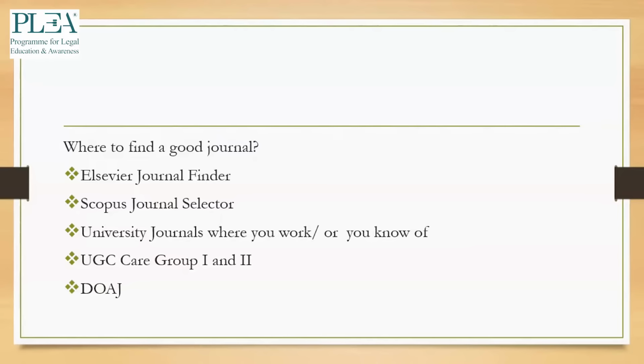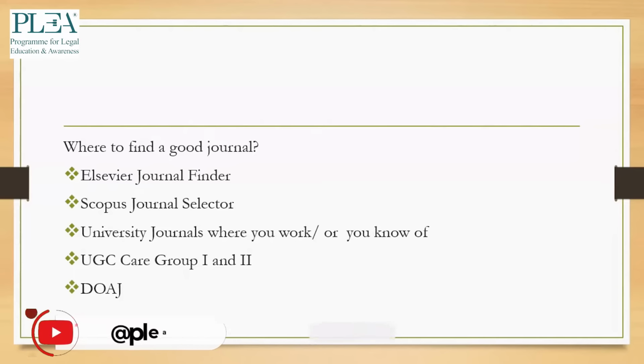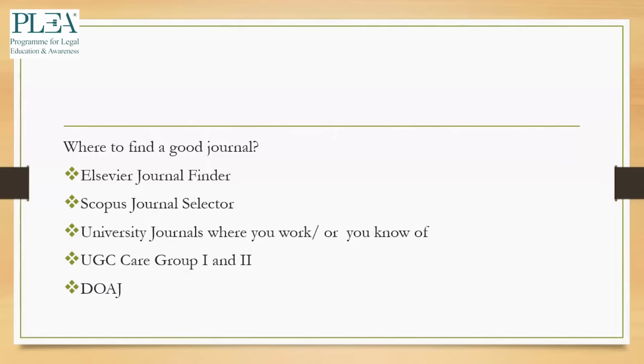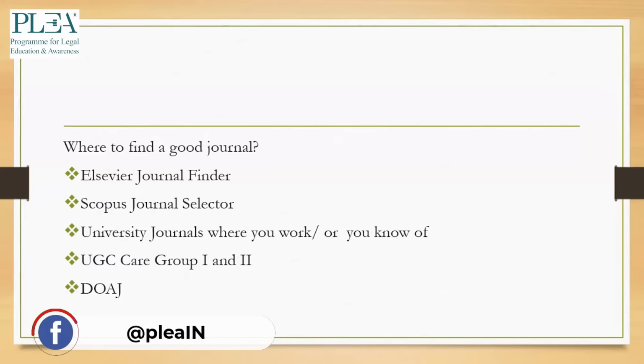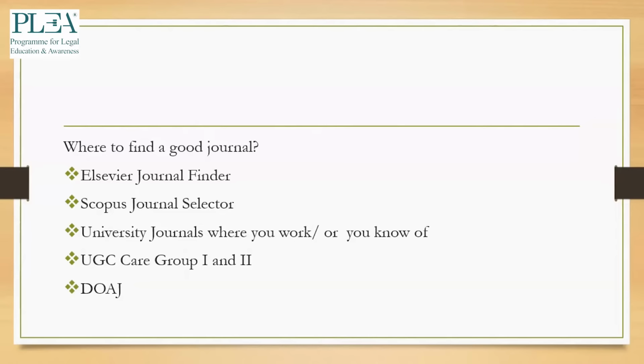So you can go for any of these university journals, UGC Care Group 1 and 2, Scopus, DOAJ, Directory of Open Access Journals. You can have a check. You can just go and check on these websites and then make your informed decision. So do not be in a hurry to publish. There might be many fake journals floating around. Better to check properly and then only publish.